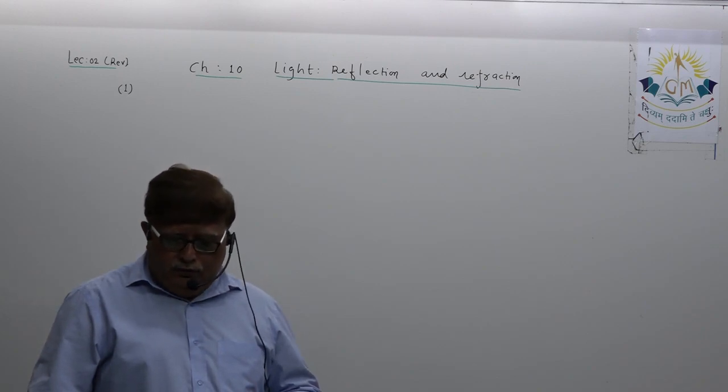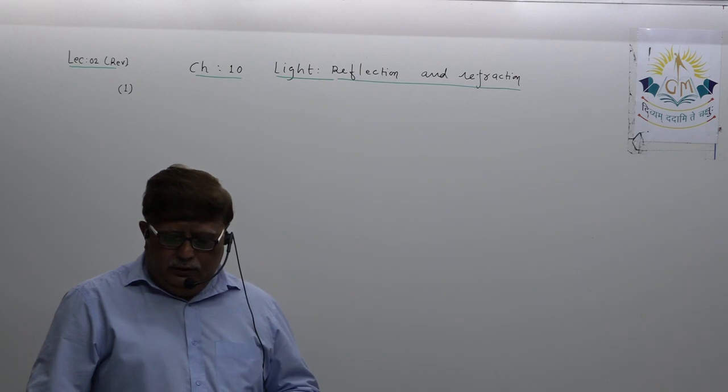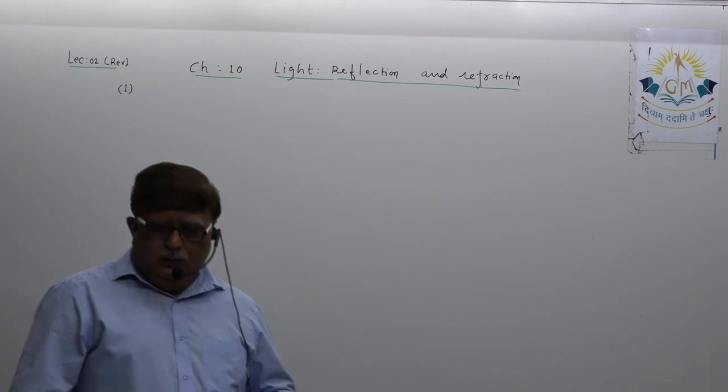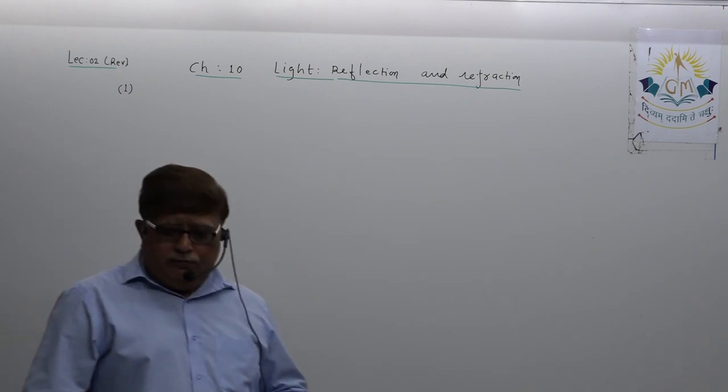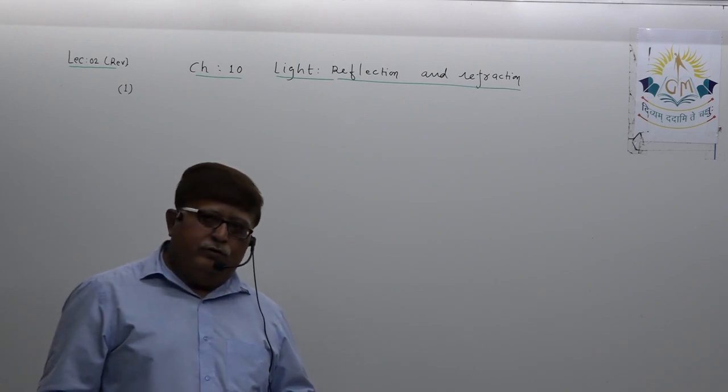You are given the object distance 25 centimeter and the focal length. At what distance from the mirror should a screen be placed in order to obtain a sharp image? Also find the nature and size of the image.